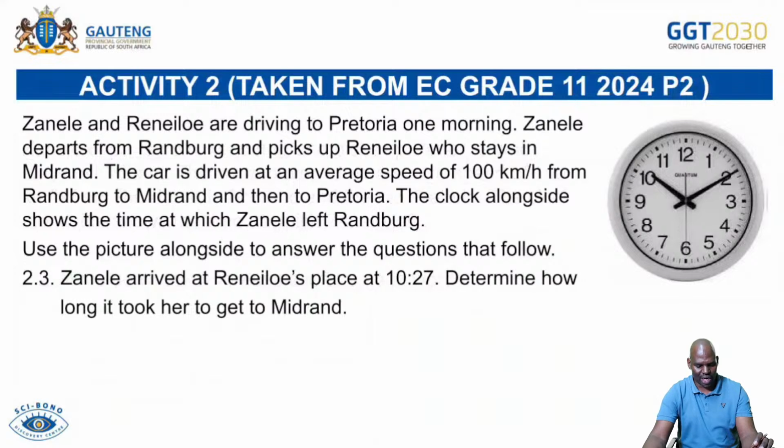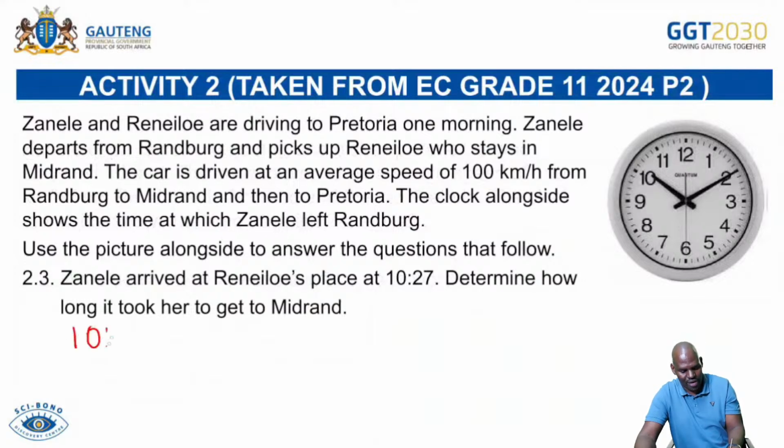The next one is Zanele arrived at Renele's place at 10:27. Determine how long it took her to get to Midrand. Remember, Zanele left home at 10:10 and arrived at 10:27.